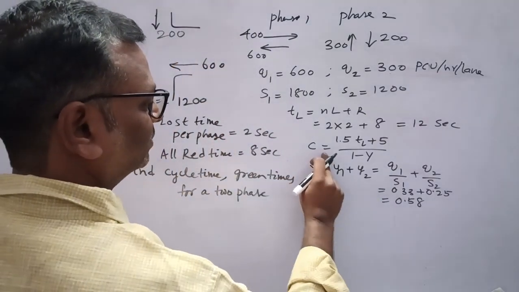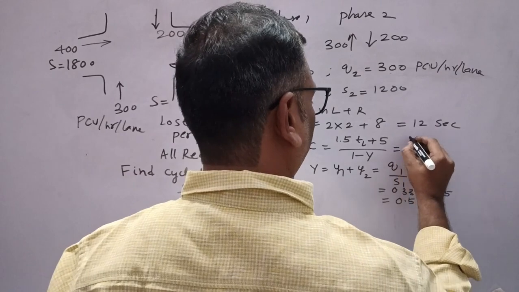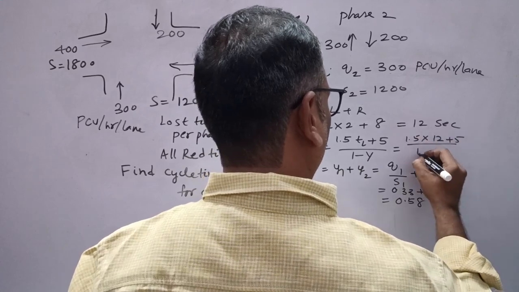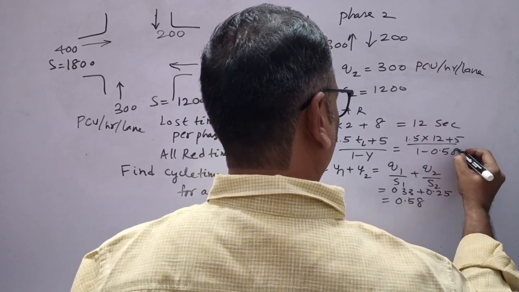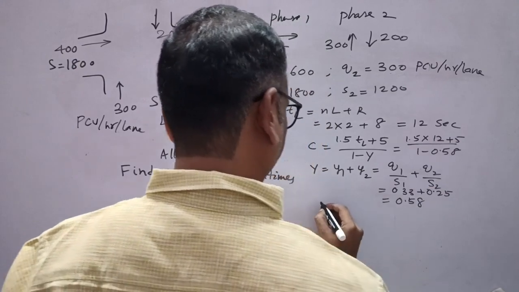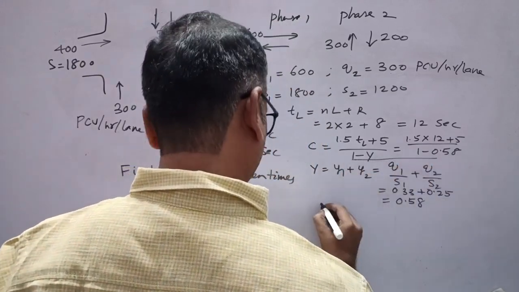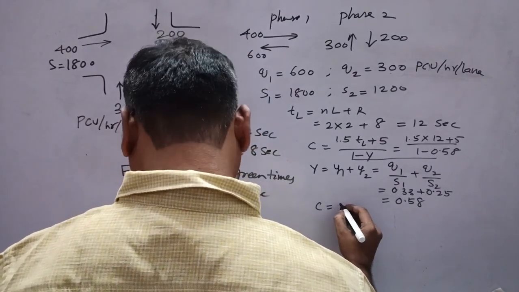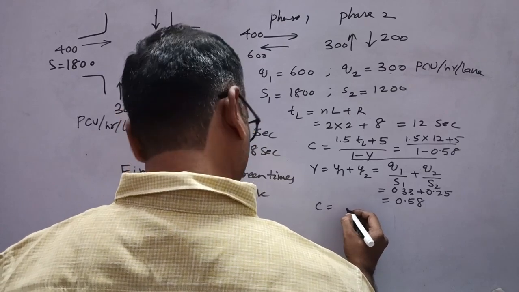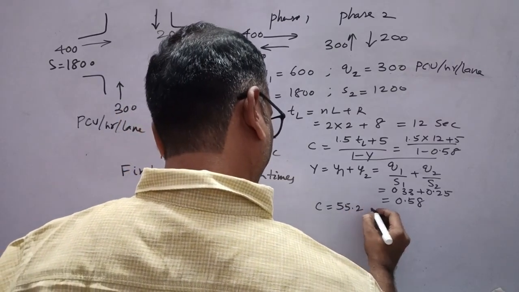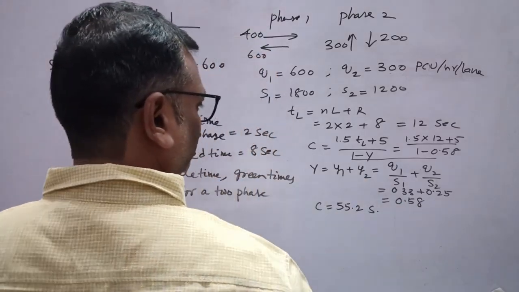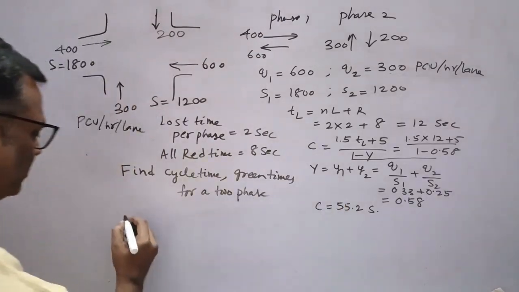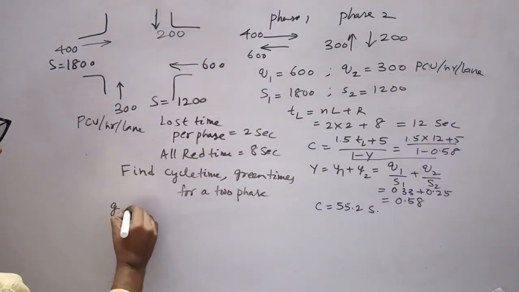Now you calculate C: 1.5 into 12 plus 5 by 1 minus 0.58, which comes as C equal to 55.2 seconds. And now we'll calculate green times.